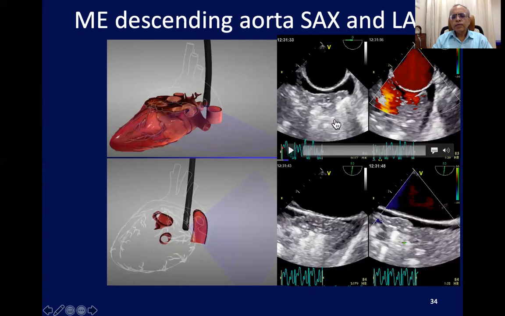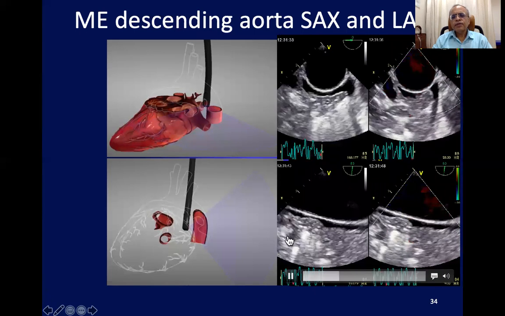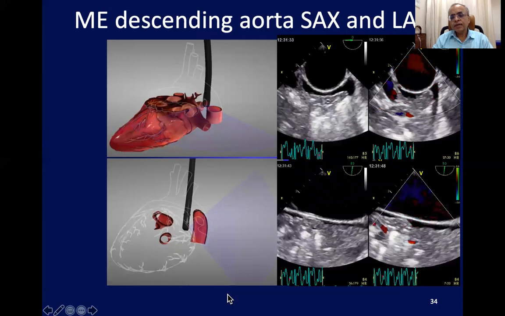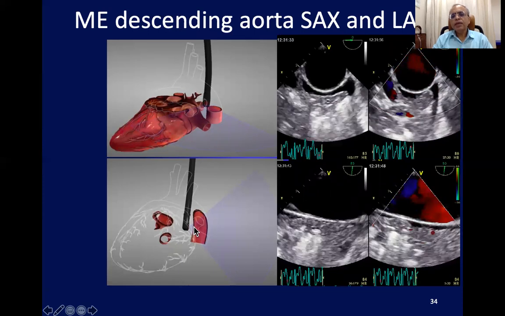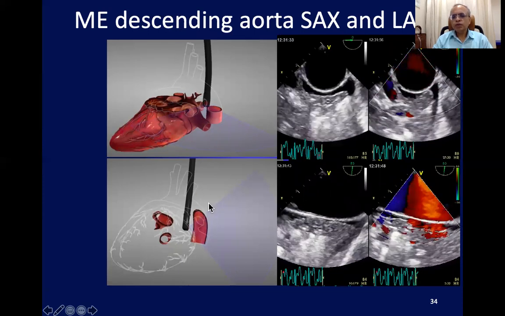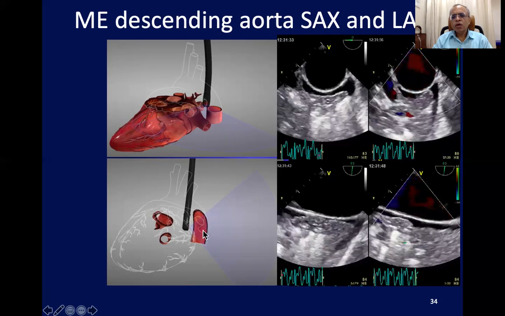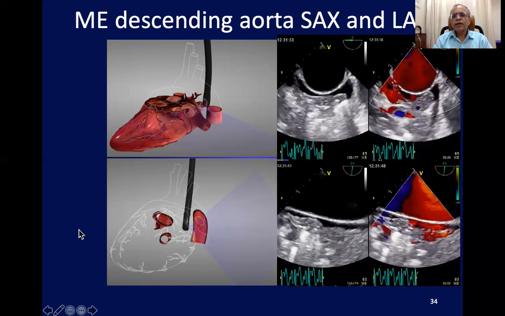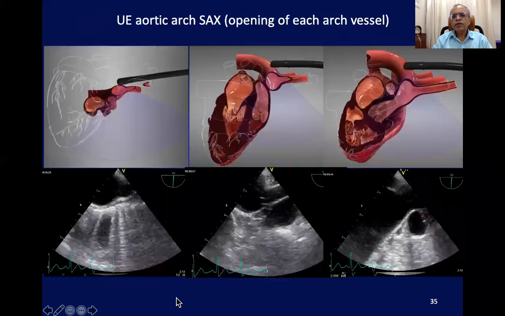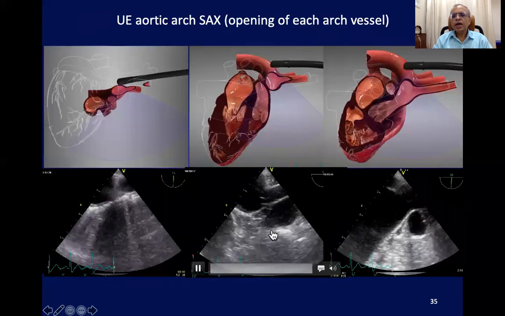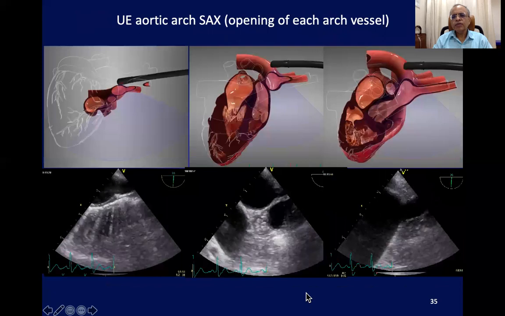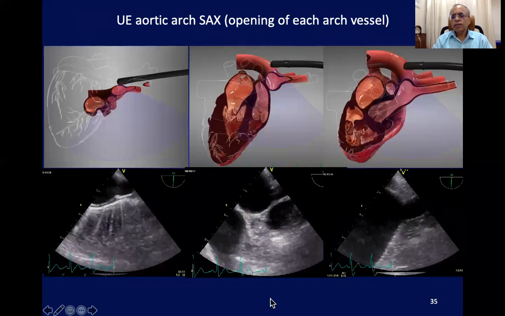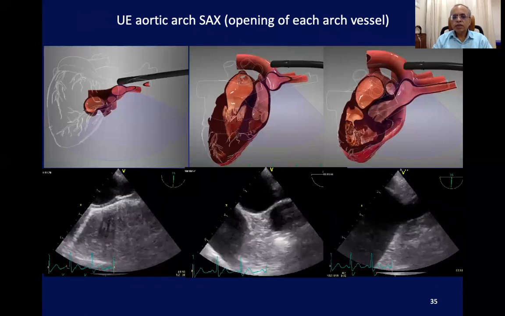The greatest benefit of the mannequin that I personally found was to learn the imaging of the arch of aorta. One can look at this long axis view of the descending thoracic aorta and short axis view and their corresponding anatomical images. And the most difficult part is to look at the arch of aorta, especially for the plaques in a cryptogenic stroke.